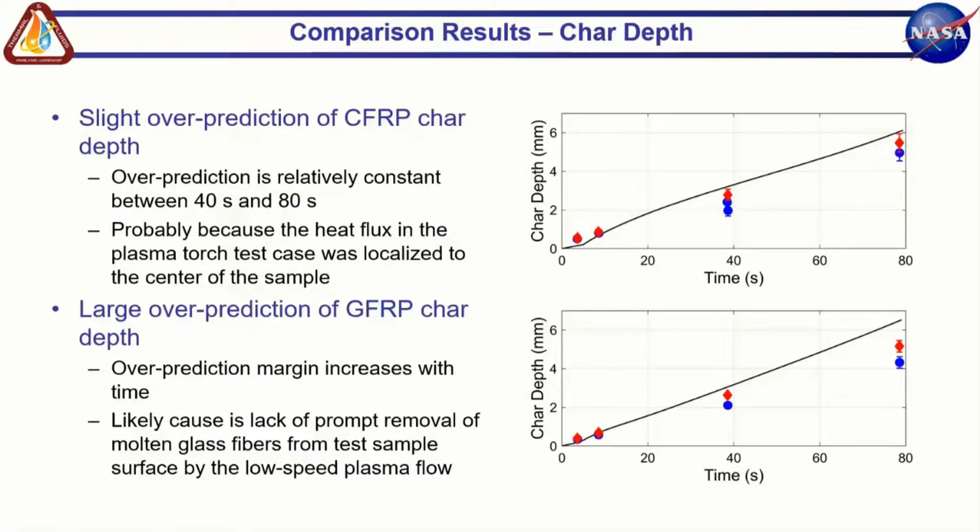And this is likely because in supersonic flow, the molten glass will be removed very promptly, and in the plasma torch test, the molten glass was blown away only after it had completely liquefied. So we had a little bit more of a thermal protection layer of the molten glass.